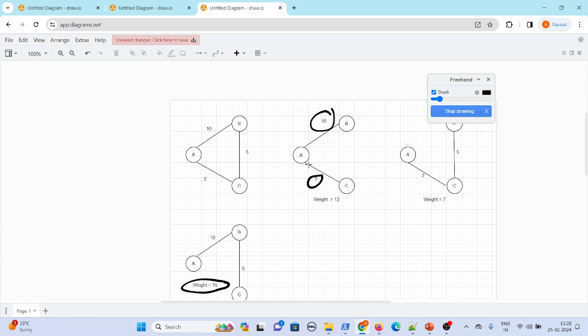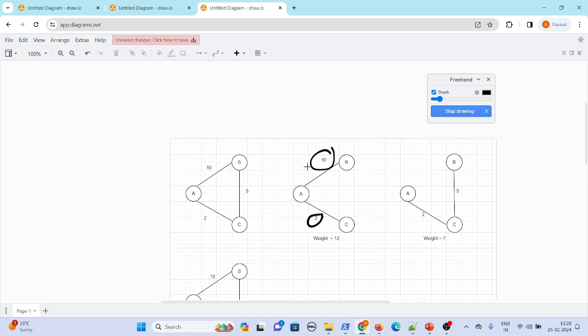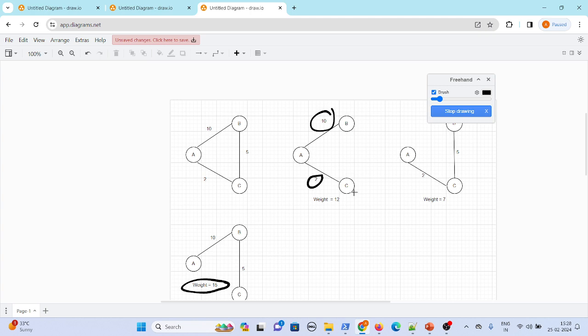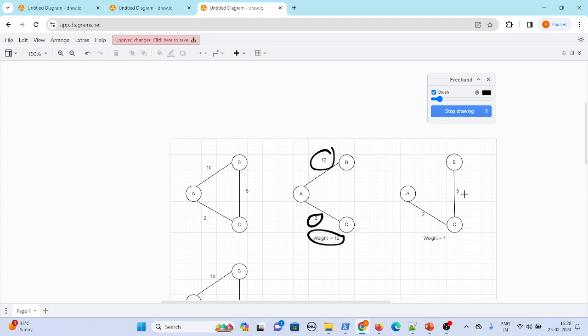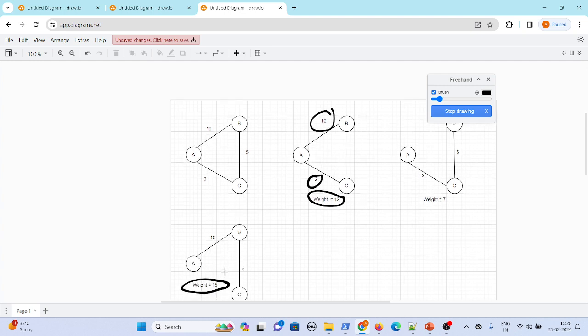Electricity should reach from A to B and C. If I create a cable from A to B and A to C, my cost would be 12. If I create a connection from A to C, don't select A to B, and create one more connection from C to B, then my weight would be 7. Here it would be 15.